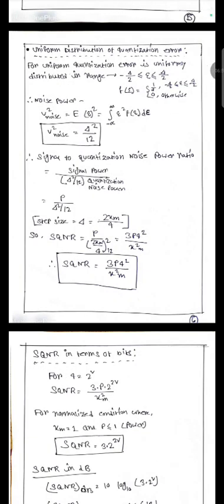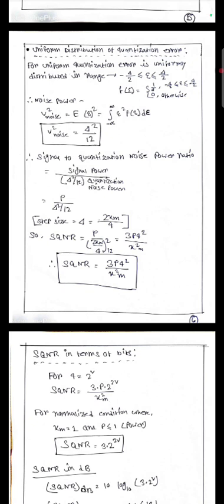And let's talk about the uniform distribution of quantization error. For uniform quantization, the error is uniformly distributed in the range minus delta by 2 to delta by 2. And here is the graph and function shown in mathematical expressions. Noise power, the mean square noise, is equal to delta square by 12.